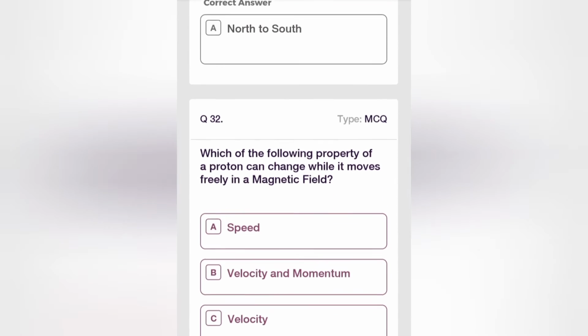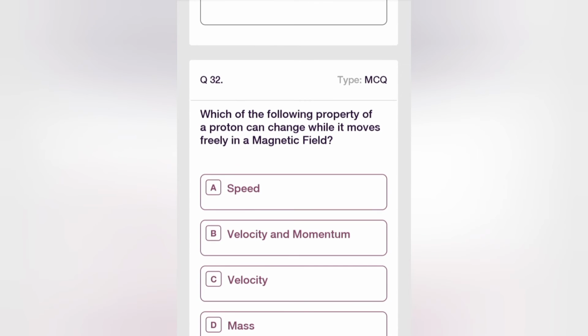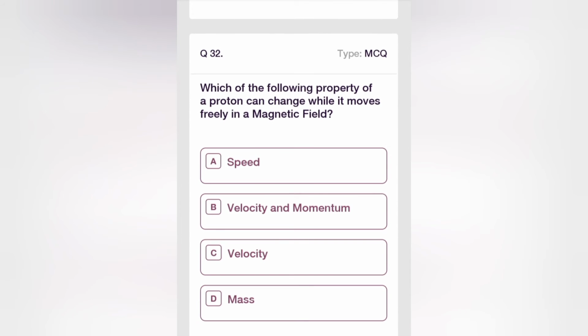Which of the following properties of the proton can change while it moves freely in the magnetic field? Proton can change its velocity as well as momentum. What is momentum? Momentum is the product of mass and velocity. So option B is the correct answer.